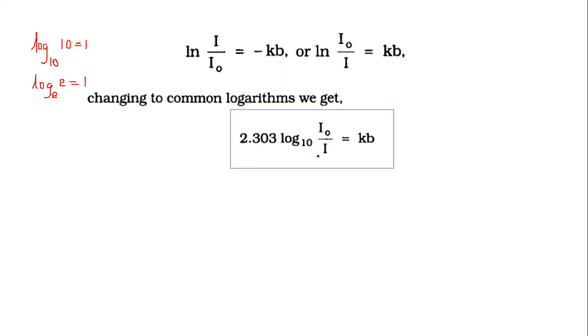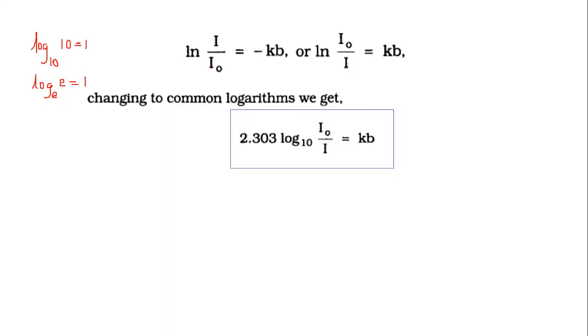If I take common log or log to the base 10, the natural log can be converted into log to the base 10 by multiplying it with a value of 2.303. Log to the base 10 I0 upon I is equal to kb. This entire term, which is 2.303 log to the base 10 I0 upon I, is referred to as absorbance. Because it's a reverse of transmittance that we actually plotted, right?